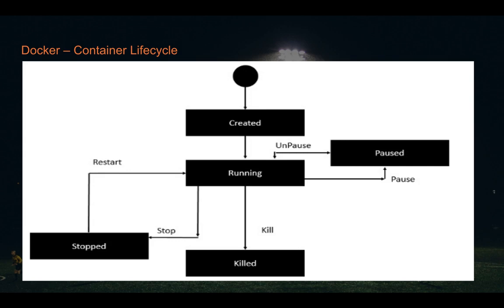We can pause our running Docker container. We can restart and stop using Docker commands. At the end, when we are not using our Docker container, we can just kill it.